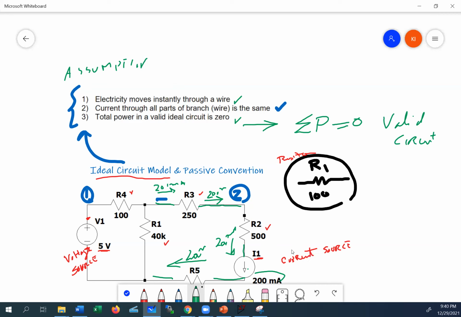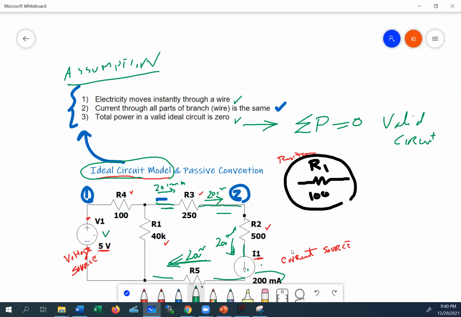So now we know what an ideal circuit model is. It has three components: a power supply, which can be a voltage source or a current source, and a resistor. And there are three assumptions that go with it. Electricity moves instantly through the wire, no delays. It's everywhere in the circuit all at once. Number two is that current through all parts of a single wire or branch is the same, so it doesn't matter whether you measure it here, here, here, or here.